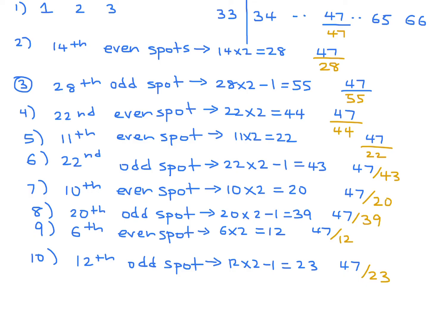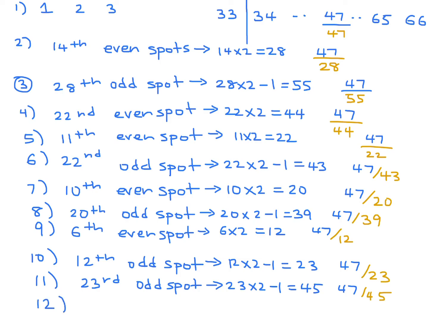Keep going. Round number 11. Now we got the 23rd odd spot. And that would be 23 times 2 minus 1, which is 45. So now the number 47 is in position 45. Okay. 12th round, 45.